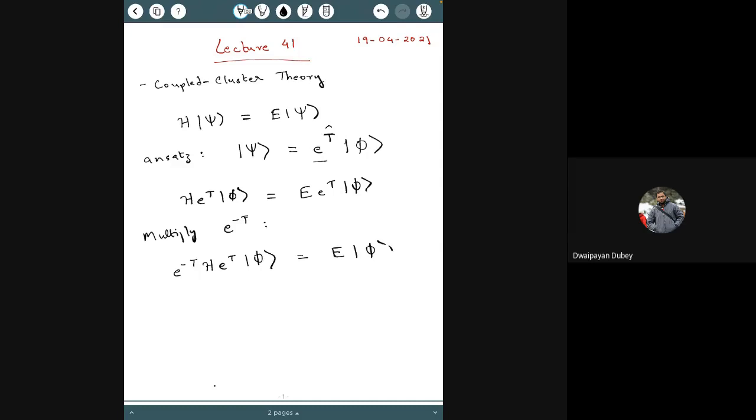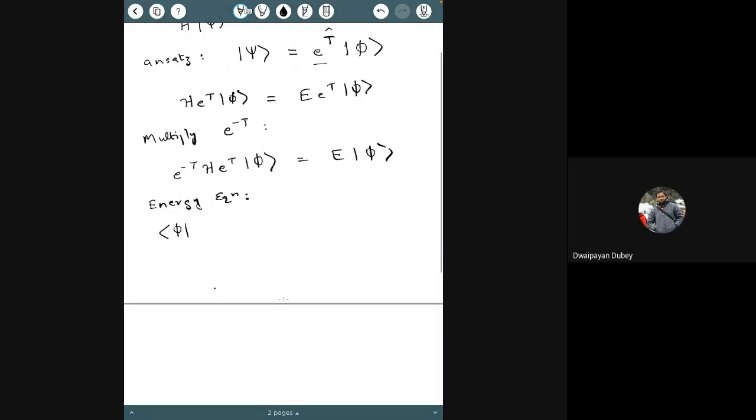Then to get the energy equation, as it is called, we project with the Hartree-Fock function, which tells me that the energy is basically an expectation value of this combination of operators for the Hartree-Fock function.